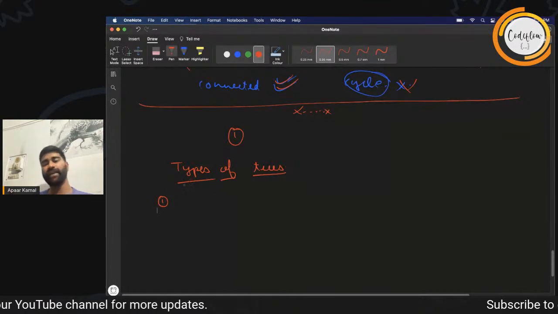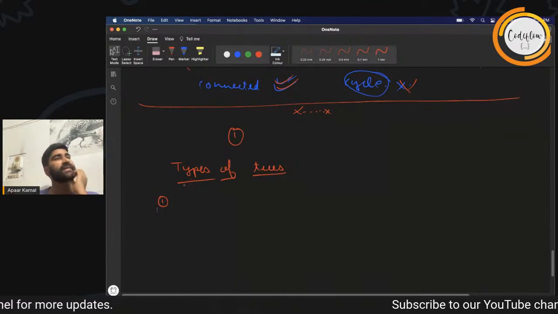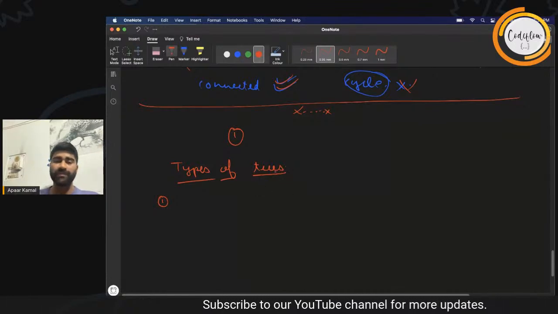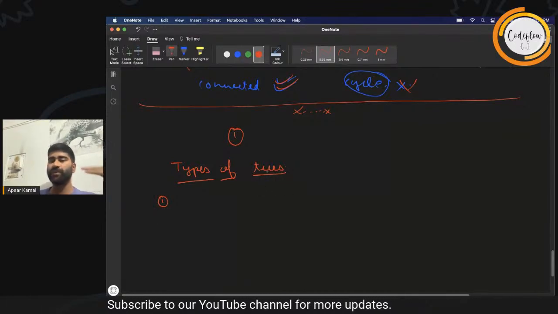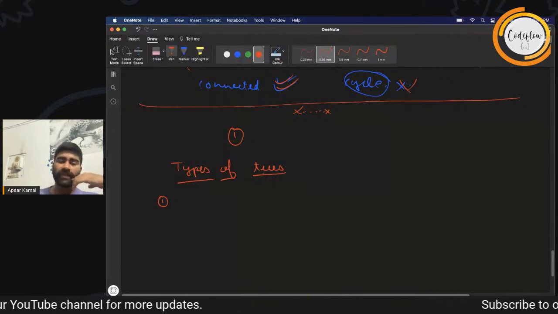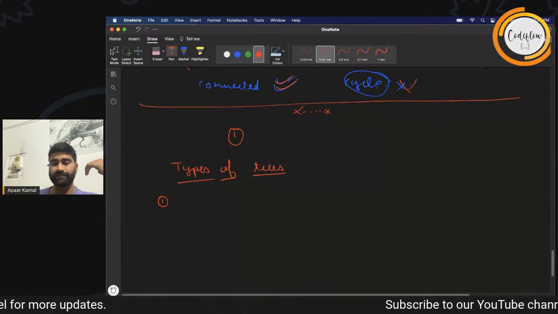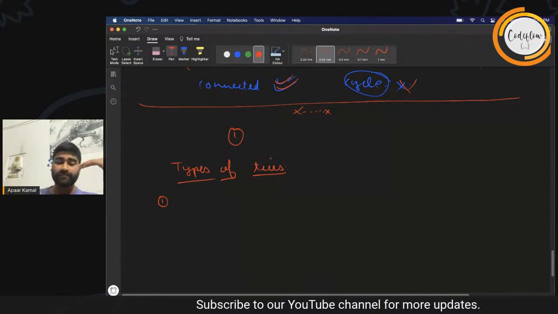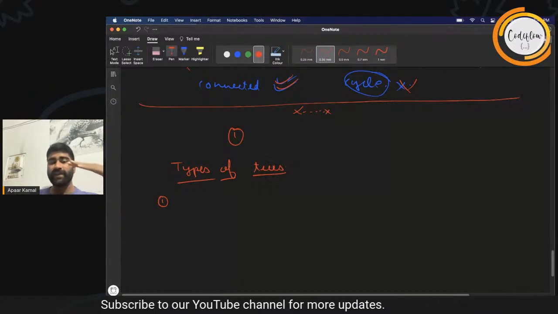So we can have directed trees also, and undirected trees also. It completely depends on the problem statement, right? So here we are considering undirected trees. Now what we need to understand is, if I have these trees, then what are their different types, right?